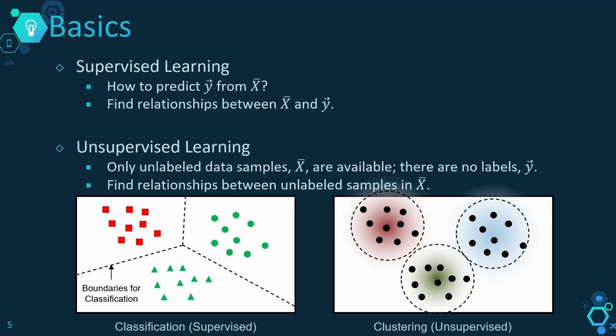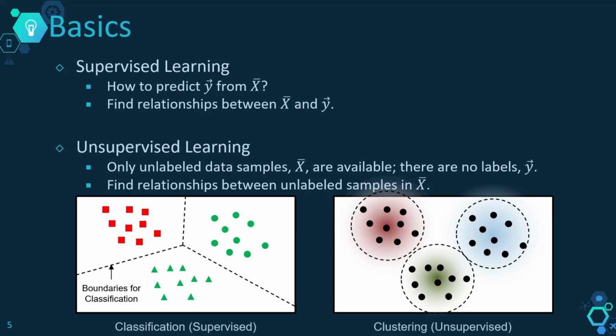So in the future, if you're given a new point, we also need to tell which cluster that sample belongs to. That depends on what algorithm we use. For example, one of the most straightforward algorithms we can think of here is to identify a center for each cluster, right?